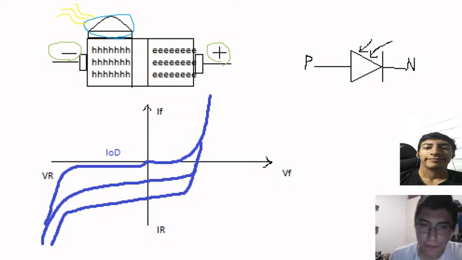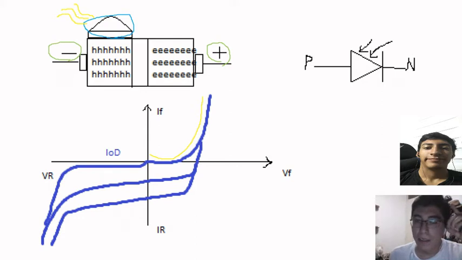In complete darkness, the photodiode behaves like a conventional diode, and this is reflected in the photodiode graph. We can see below in the graph the yellow line is the graph of the conventional diode.